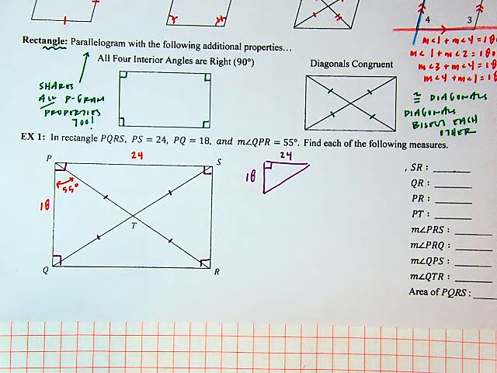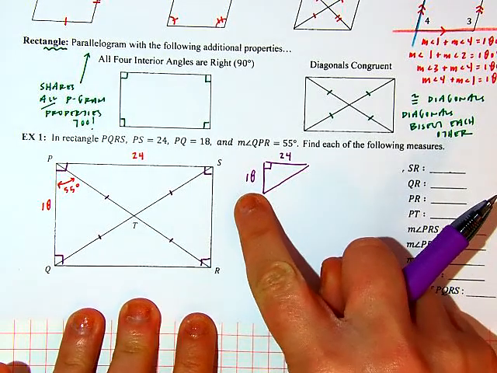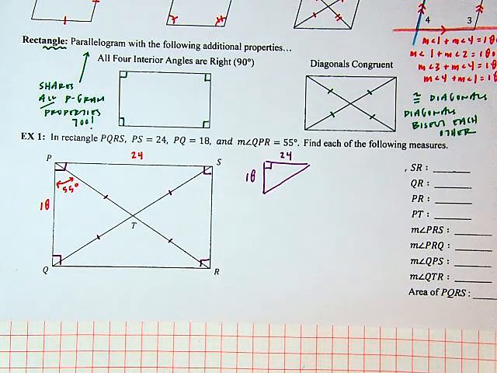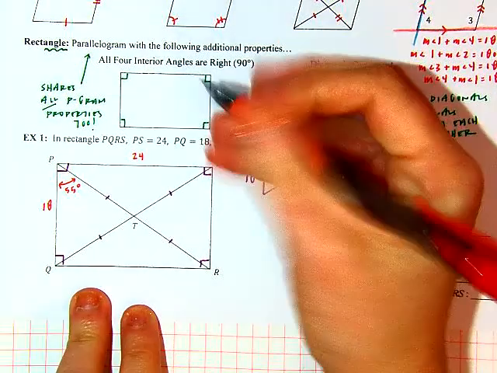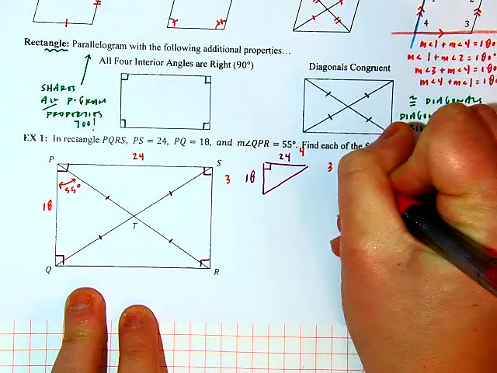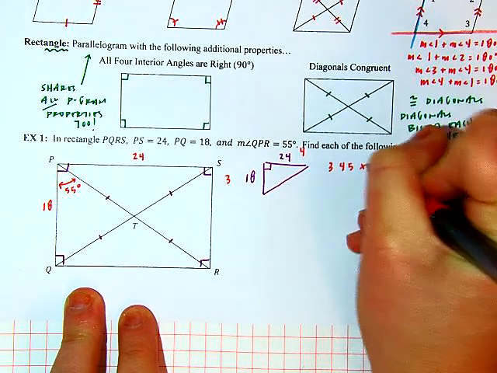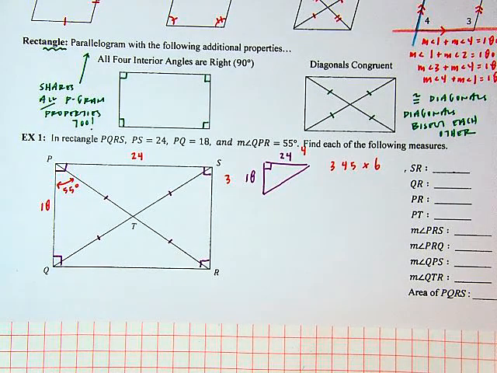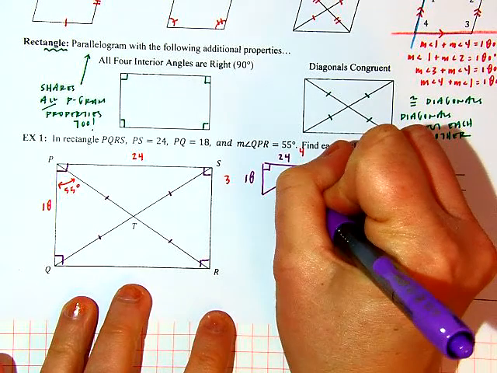So if I reduce 18 and 24, let's say I divide them both by 6, I can see that this would be 3 and this would be 4. So I can see that it's a 3, 4, 5 with a multiplier of 6. So then 5 times 6 would be 30. I can see that this missing side would be 30.